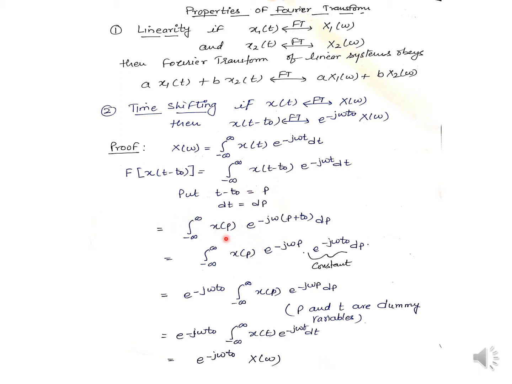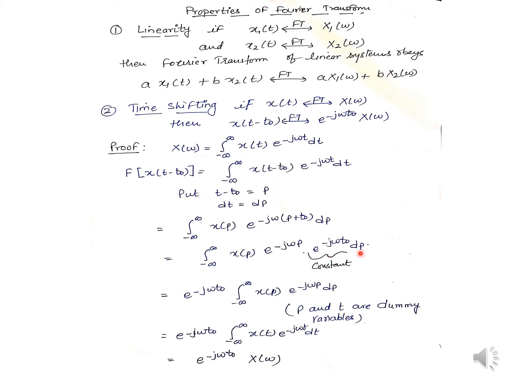So we can write it as x(p) e raised to the power, find the value of t from here. So t will be equal to p plus t naught, replace it here, and dt is equal to dp. So when you separate this part, it is e raised to the power minus j omega p into e raised to the power minus j omega t naught.